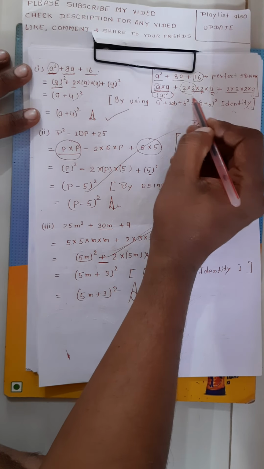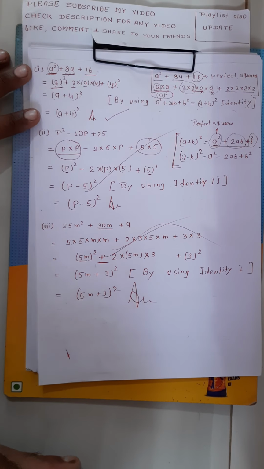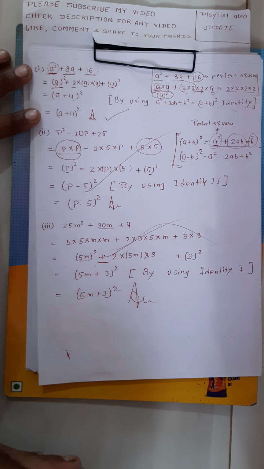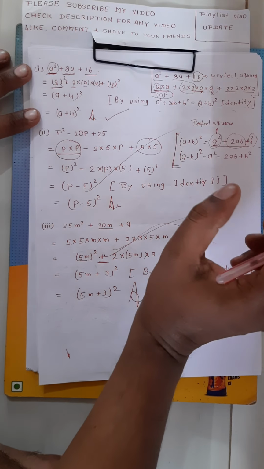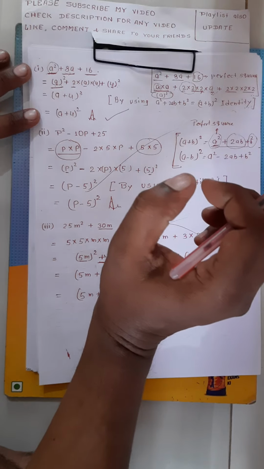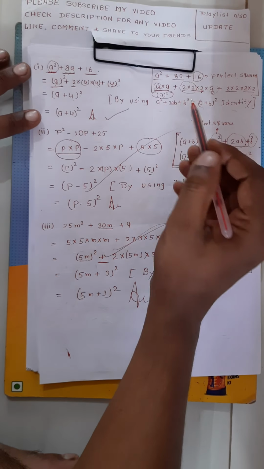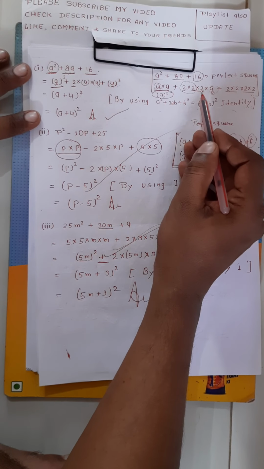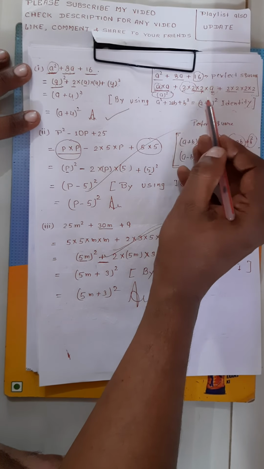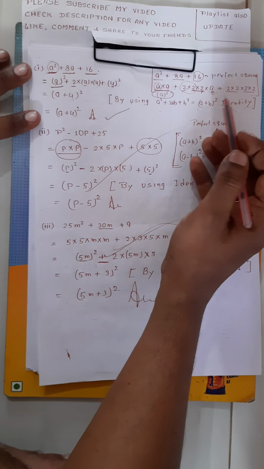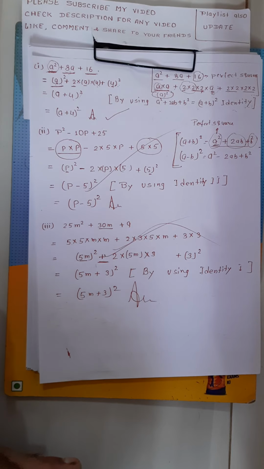So 8a is not a perfect square. For a perfect square we need a single variable or number two times. Here 2 is not two times and a is not two times. That means 8a will not be a perfect square.